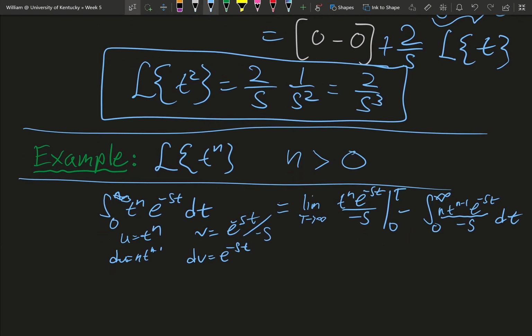Okay, so similarly to above, this whole thing is going to go to 0 as long as s is greater than 0. So it's very similar, but we can just notice that's going to go to 0. So we get 0 for that whole thing, and then minus this guy over here. I'll pull out the n and the negative s.